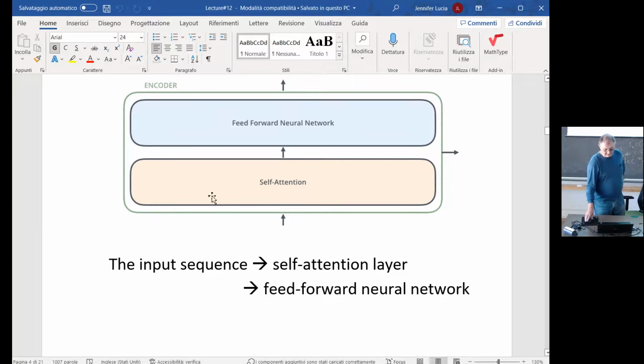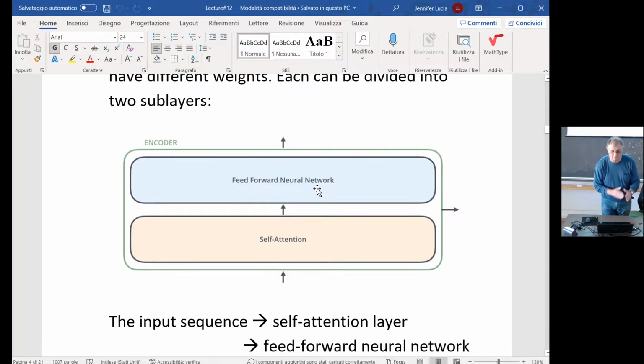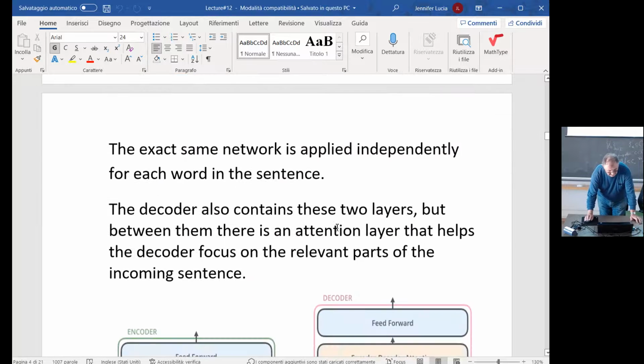So feed-forward for self-attention elaborates the characteristics of the words, for any word which we have as input, and then normalizes the output like a probabilistic distribution sequence.